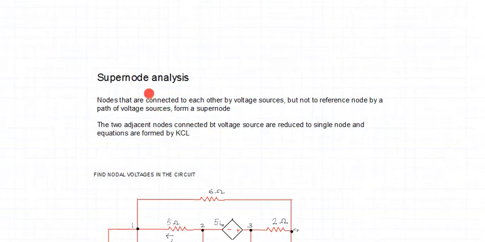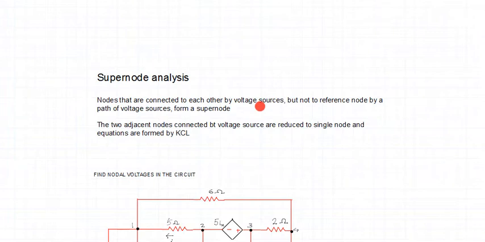On the same lines is supernode analysis. In supernode analysis, there is a voltage source which is common between two nodes. But what is very important is that one of the two nodes must not be a reference node.